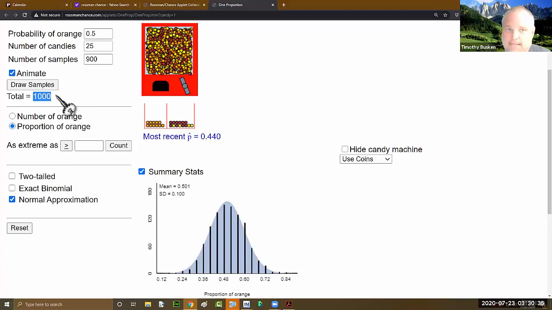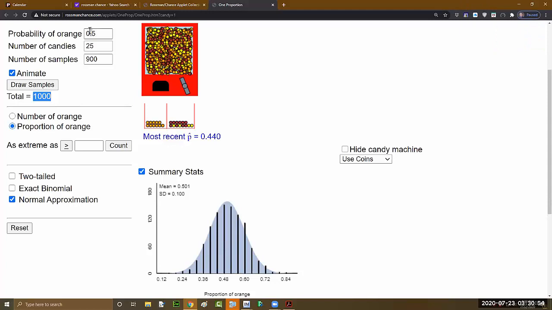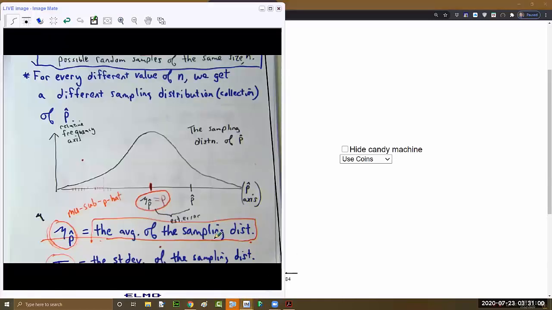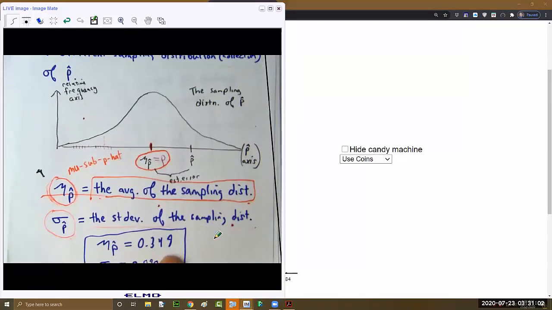And one way I can tell that is because the mean of the sampling distribution, mu sub p hat, is reported to be awfully darn close to the actual value of p, or the actual percentage of orange candies. So are those two symbols kind of interchangeable then? Mu sub p hat and p?